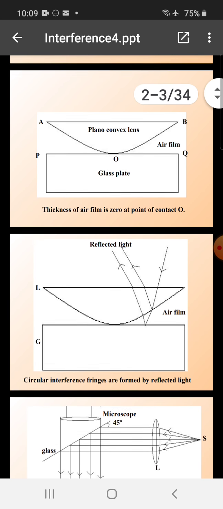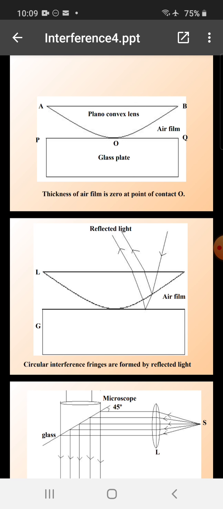Now if you see the second diagram, here comes the illustration that a ray of light when it falls on the plano-convex lens, part of the light gets reflected and a part of the light gets refracted.